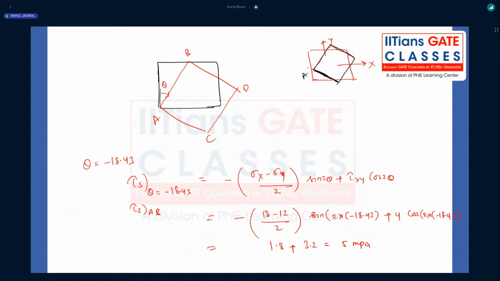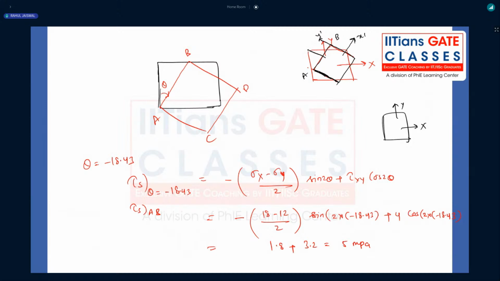Now, this is my AB. If I tilt this one, this will be my X dash and this will be my Y dash, for example. Initially, this was Y and this was Y dash. If I tilt in this anti-clockwise direction, X dash and Y dash will be tilted.